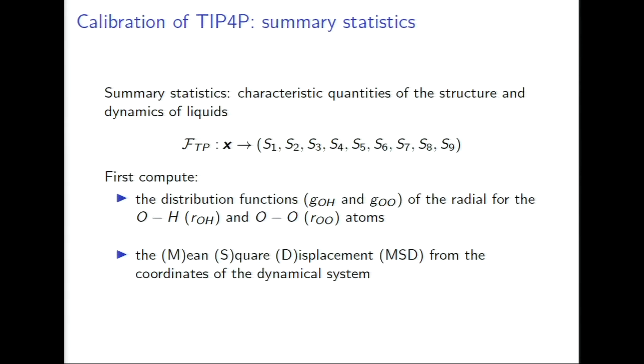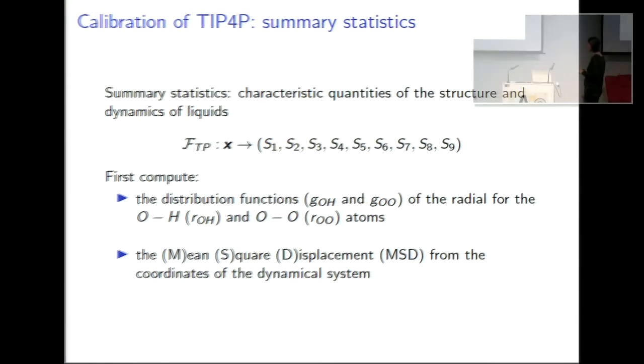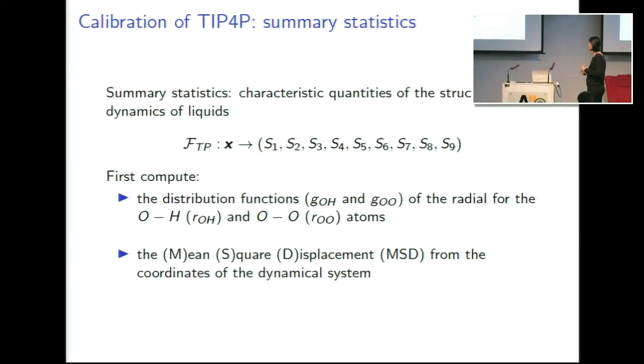So let me now give you the summary statistics and the distance measure, which are the two things that you need to specify. Here we have a vector of 9 different summary statistics that are obtained by first computing the radial distribution functions between OH and OO atoms, and then computing the mean square displacement from the coordinates of the dynamical system.